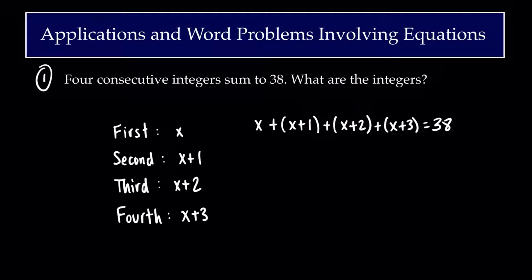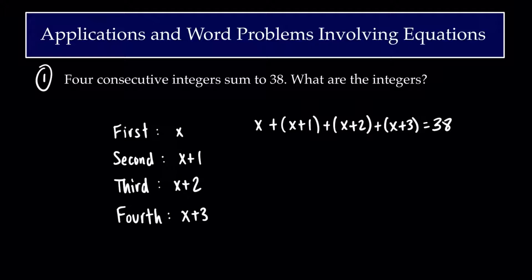I put them in parentheses here. You don't have to put them in parentheses. Sometimes the parentheses are just nice so that you can see that certain things are grouped together. So now we can just solve this, and these aren't too terribly difficult to solve usually once you get them set up. I find the hardest part is just setting them up.